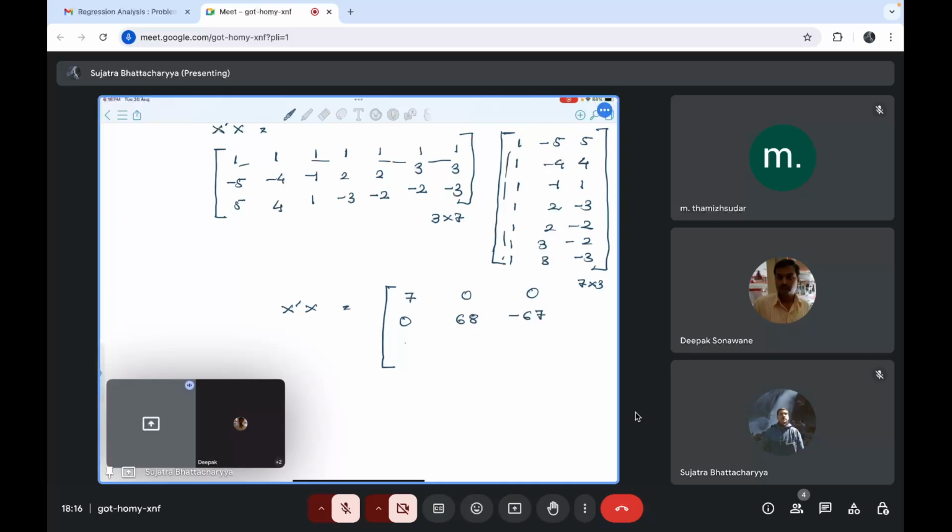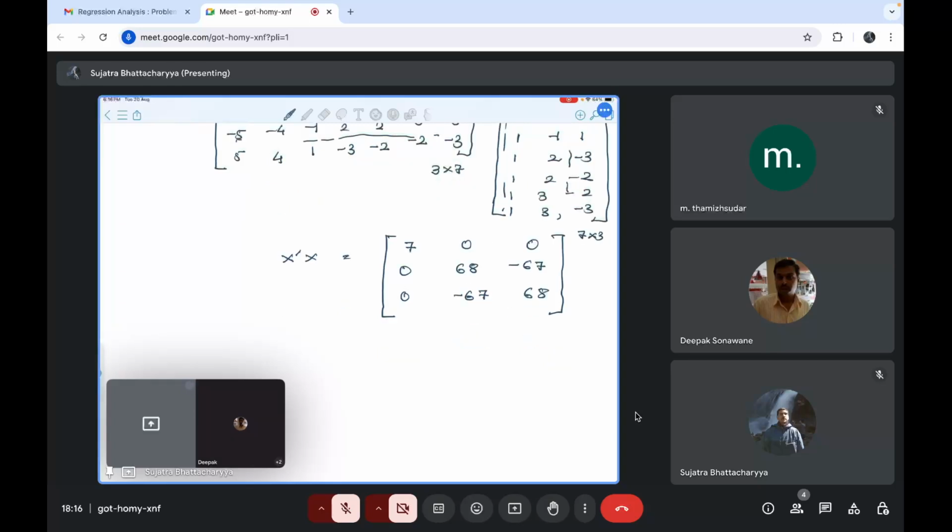And this is 0, minus 67, and this is 68. Just matrix multiplication you can do. When you multiply this row with this, it will be just a square of this, so it ultimately comes to 68 and minus 67. These are the two values, and it is a symmetric matrix.